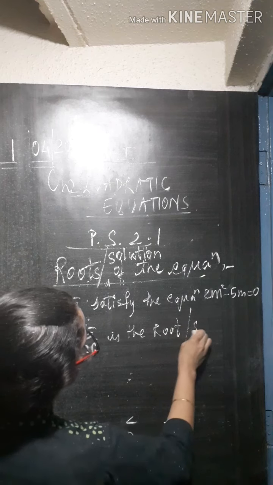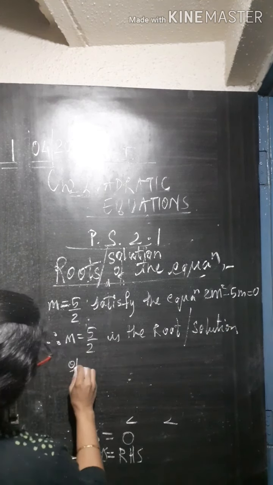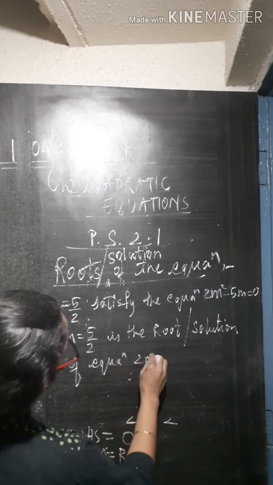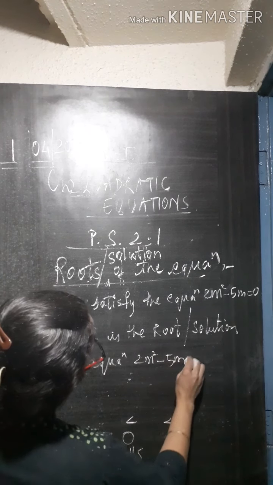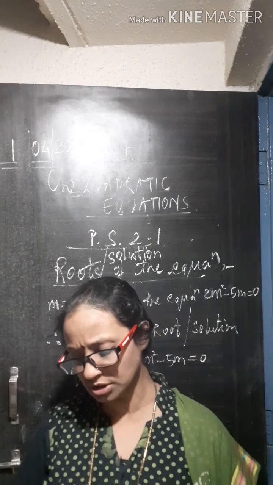Root or solution of the equation m square minus 5m is equal to 0. Is that clear? So that finishes the fourth question also.